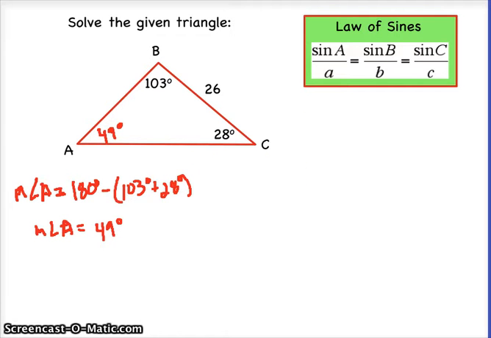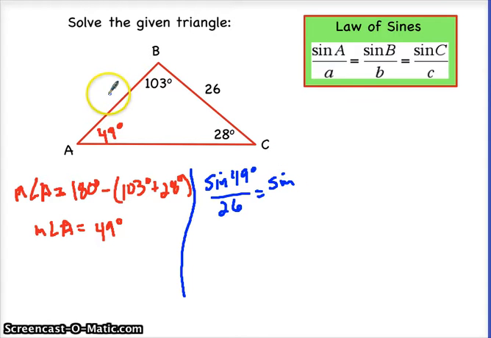So the next step for us is going to be, well, 49 degrees is opposite 26. So I can take advantage of the fact that the sine of 49 degrees is to 26 as the sine of any of my other angles.